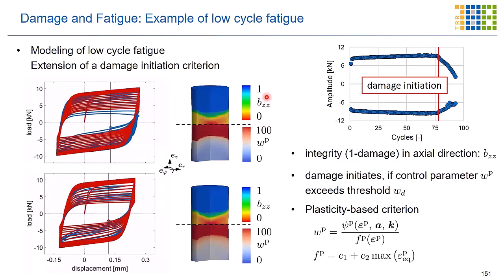And even more so, in addition to the damage, we have here shown a damage initiation control parameter that tells us, based on the plastic energy, so you see plastic energy here, you see a further function for the adaptation that depends here on the maximum equivalent plastic strain, when the damage is allowed to initiate.